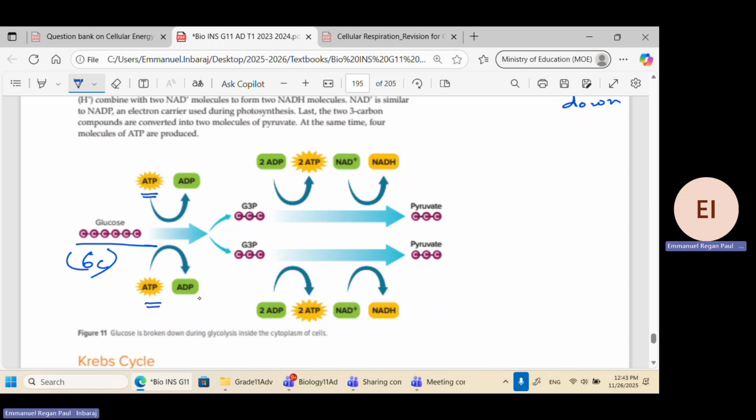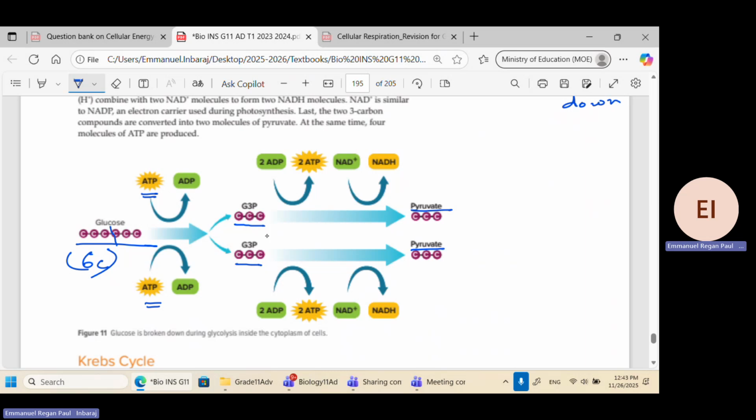So they take ATP and break down into G3P. You see, two molecules of G3P, so three carbon here and three carbon here. Then the G3P is converted to pyruvate.